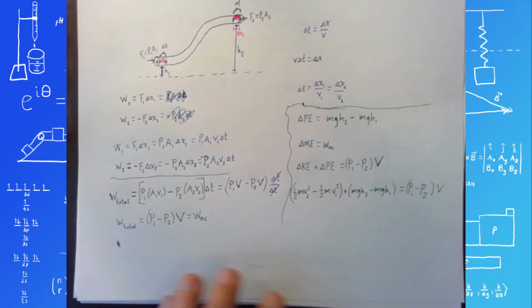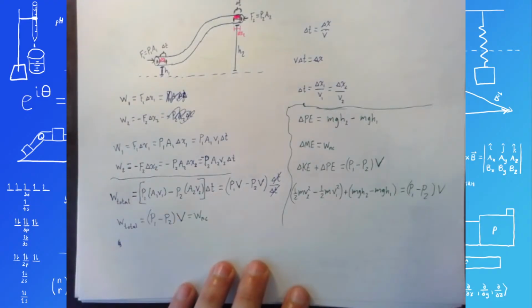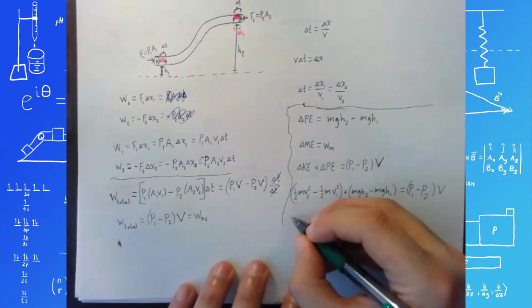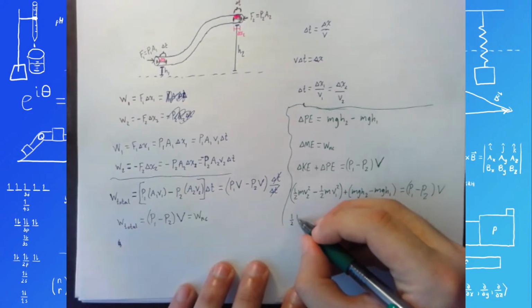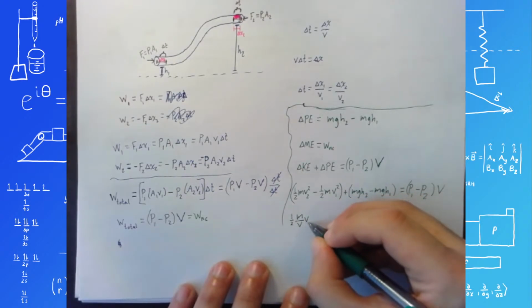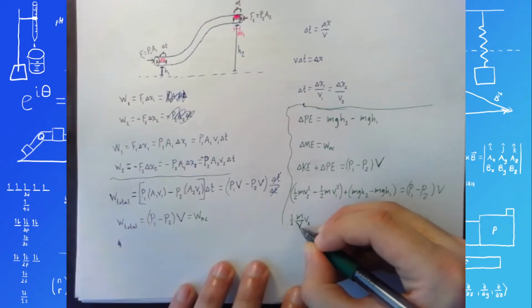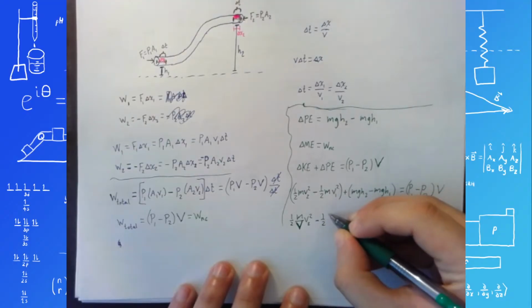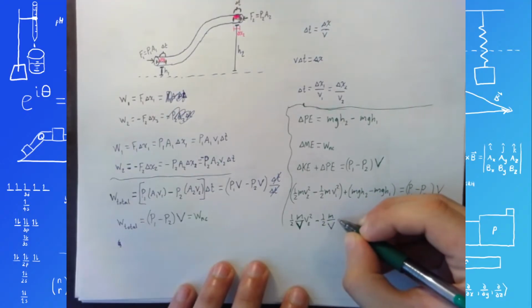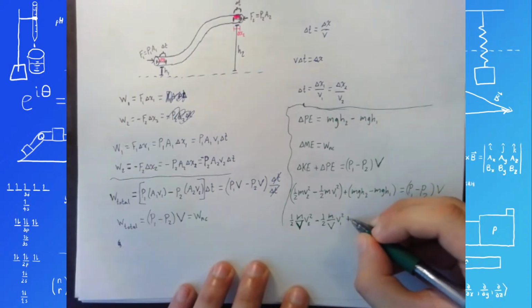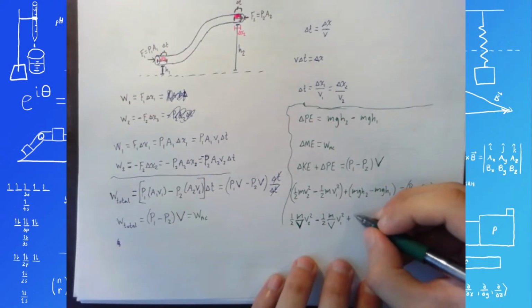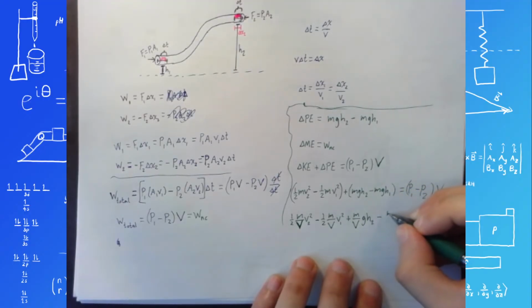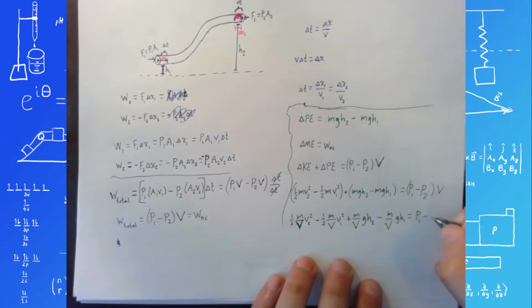If I divide everything by the volume, I get 1/2 m over volume times V2 squared, minus 1/2 mass over volume times V1 squared, plus mass over volume g h2, minus mass over volume g h1, equals P1 minus P2.